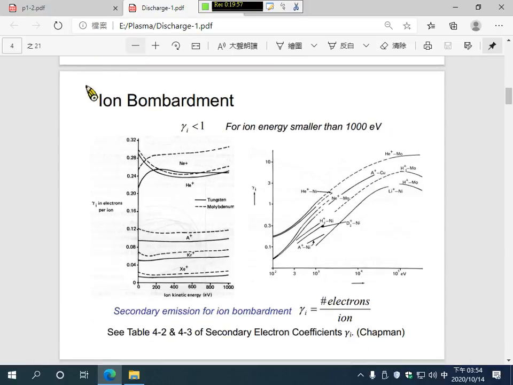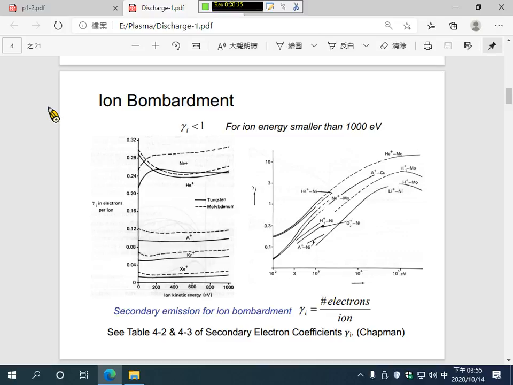And here is another source for electron emission, and it is from ion bombardment. So in plasma, there are different species, and the most important species are electrons, cations, and metastable species or radicals.